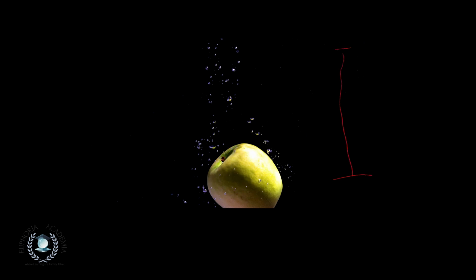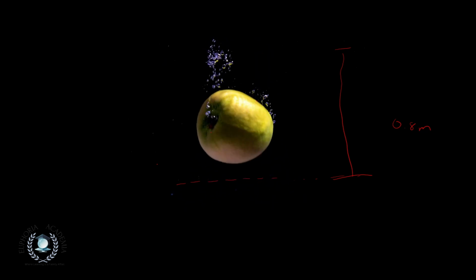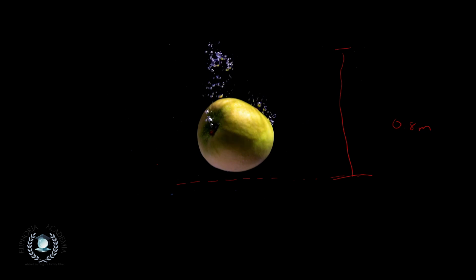Let's just assume that this is our tube and it shoots through the water and it comes to a depth of 0.8 meters. Let's just call that 0.8 meters. And then what eventually ends up happening is that our apple will float back up to the surface. All right. So in this situation, we initially had a velocity of about 16 meters per second.